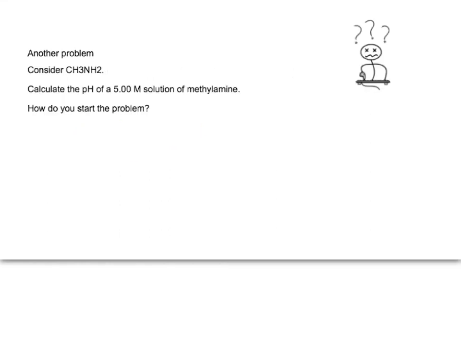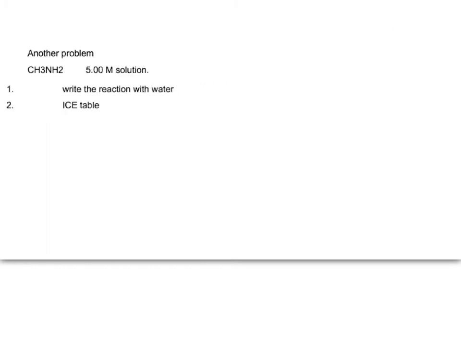Alright, so we want to calculate the pH of a 5 molar solution of methylamine. This is a methyl group and an amine. How do we start the problem? Hit pause and see if you can figure this out. If you decided to write out the reaction with water and then use an ICE table, that's excellent. Let's do that.